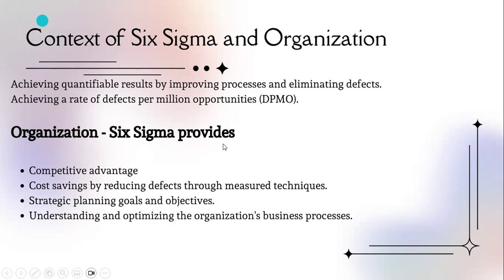Six Sigma provides an advantage. For example, you are running an organization, why should you go to Six Sigma? When you have a Six Sigma methodology, your quality process and the cost of production are going to be optimized. So this will become a competitive advantage compared to your competitors. And there is a cost saving by reducing the defects.